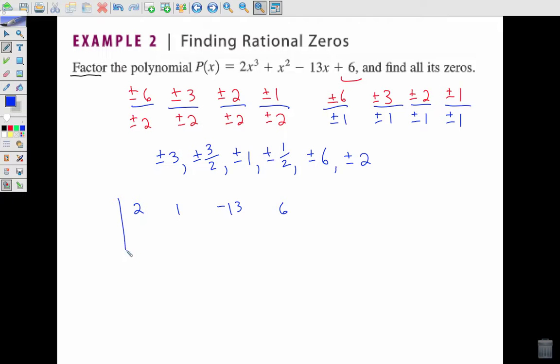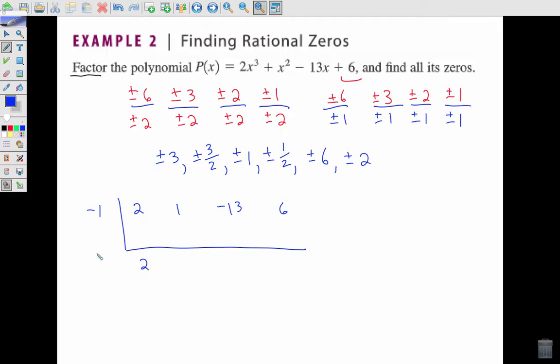All right, so let's start with 1. So 2, 3, and we can see that this is not going to give me a remainder of 0. So 1 is out. Okay, so 1 didn't work.